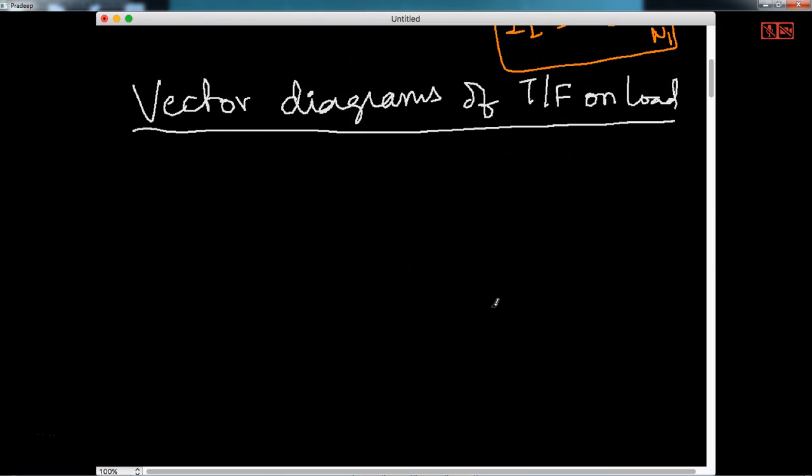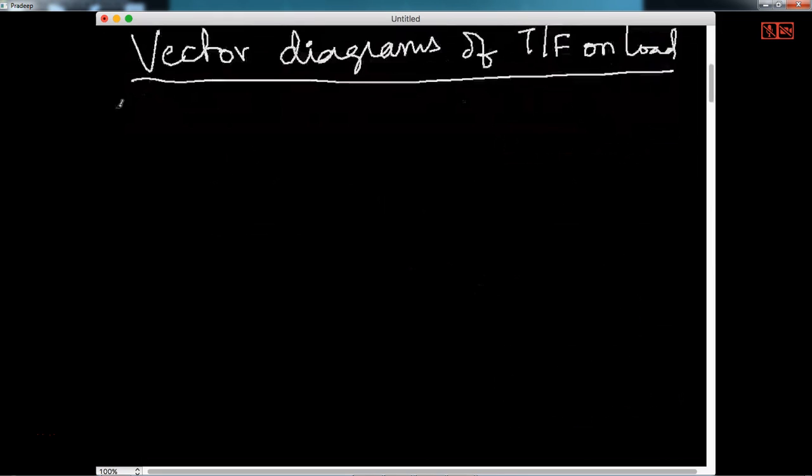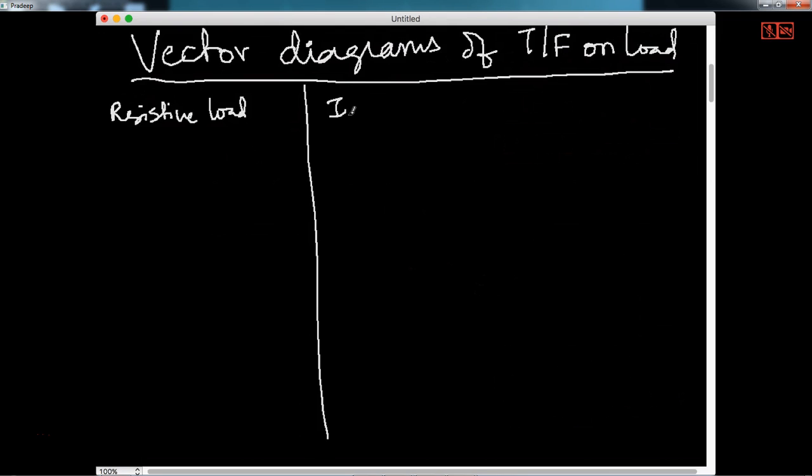So first vector diagram will be resistive load. Second vector diagram will be inductive load.